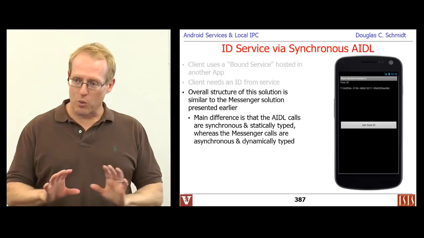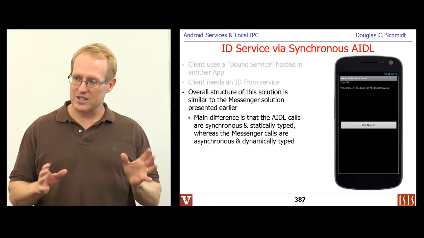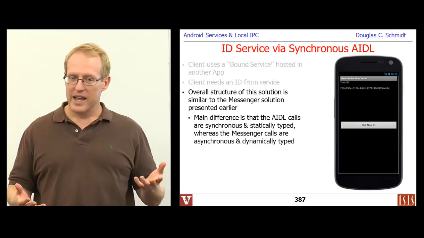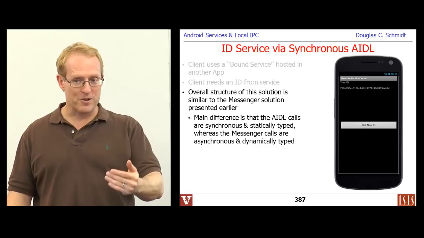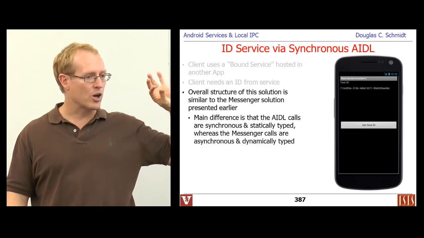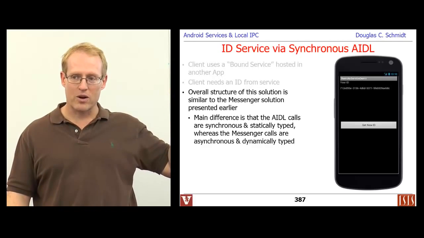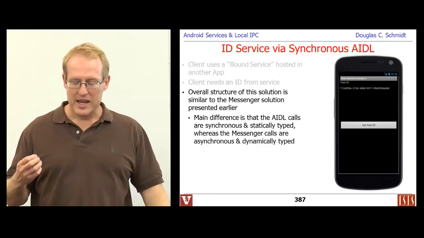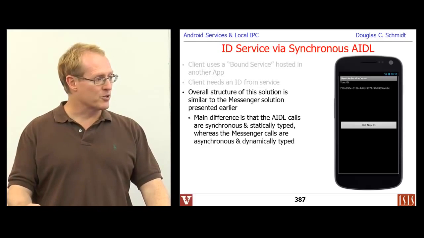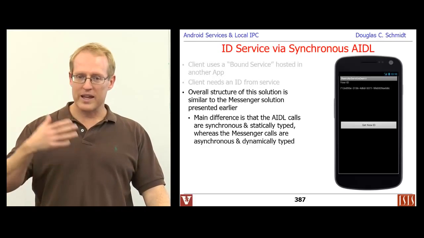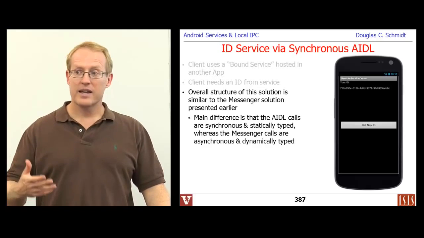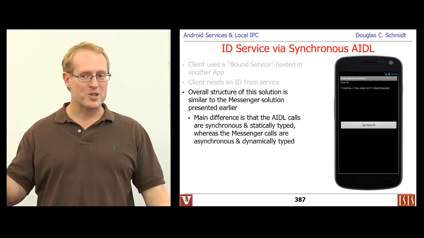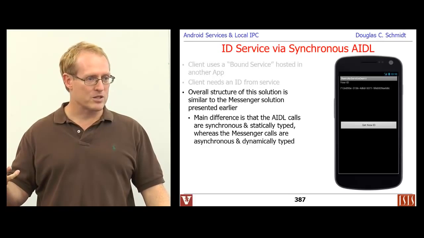The main way that what we're talking about here is different from that, at least at first glance, is that the messenger model is totally asynchronous. And this model, at least for the first cut, is going to be synchronous. So the caller will block while the call runs. That's one difference. The second difference is that in the messenger model, everything was done in one thread of control. There was a looper thread running all the processing. In this model, the different requests to the bound service are going to be dispatched in separate threads of control.